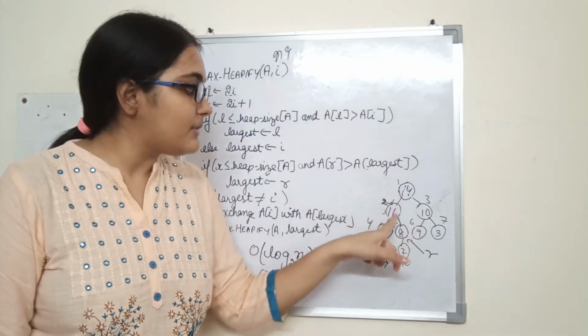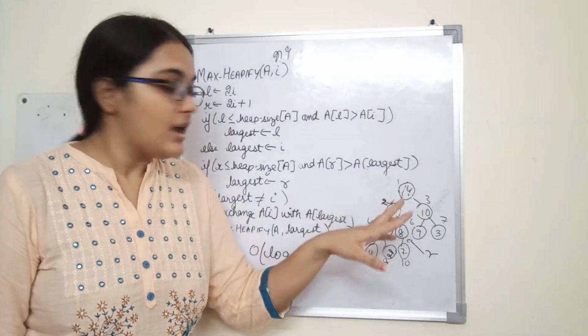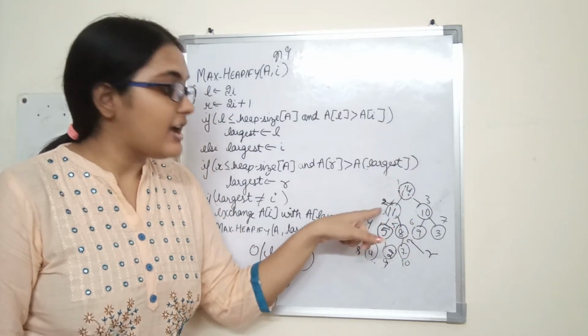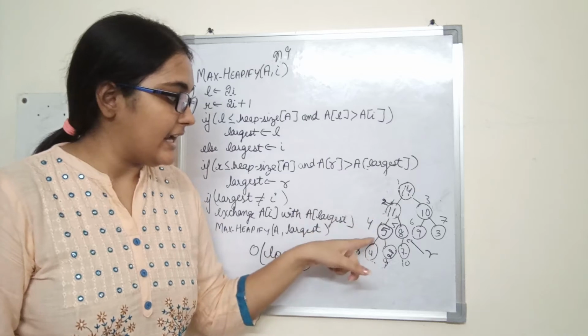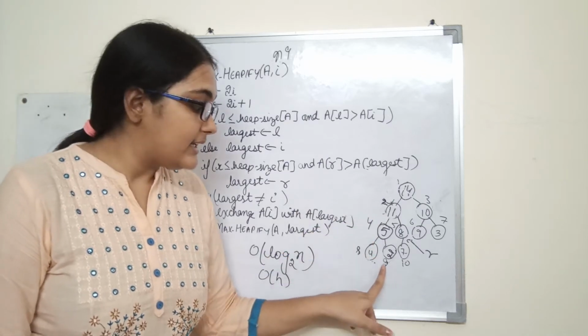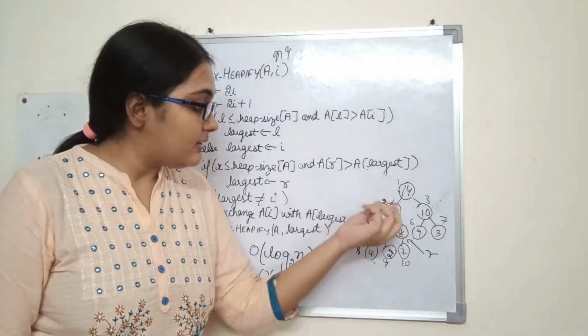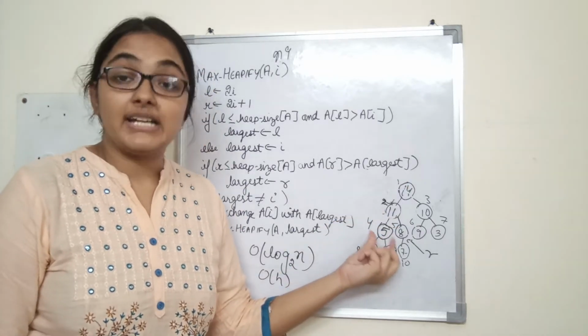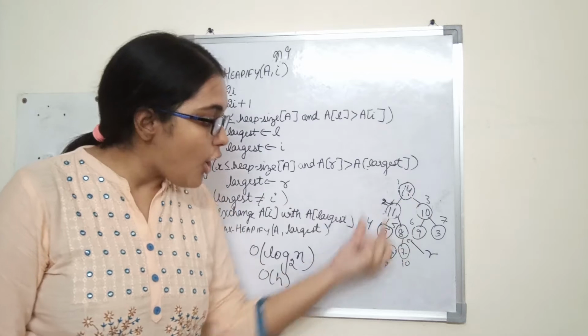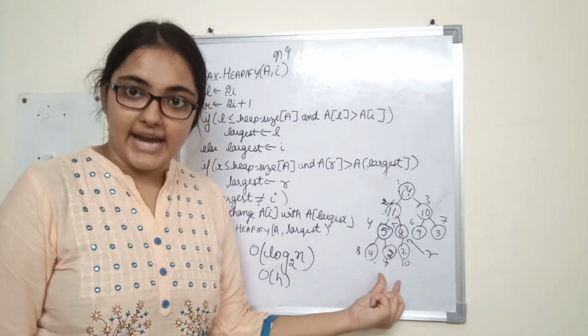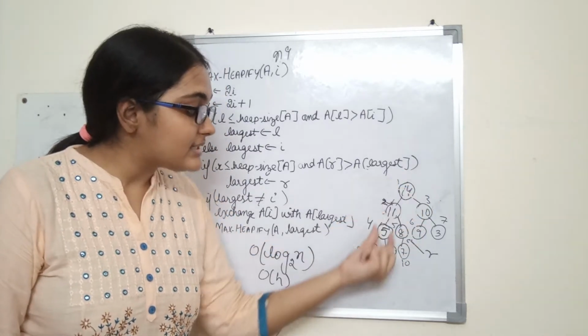If it is not, we exchange it with one of the children, and then again call max heapify on the child, until the value reaches a point where it does not violate the max heap property, or it reaches a leaf. So in the worst case, what are we doing?